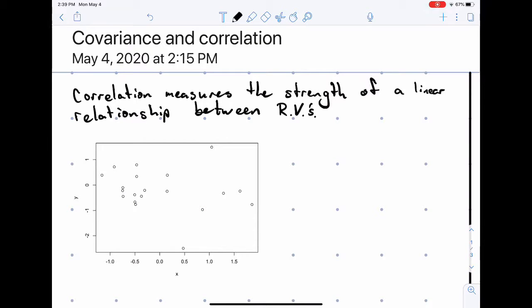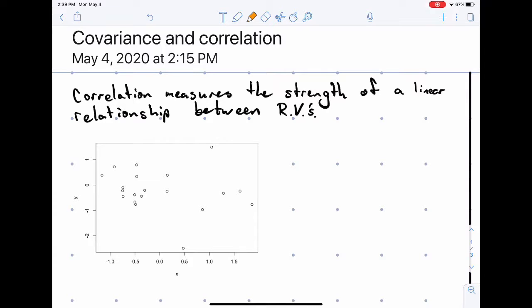So before the mathematical definition, I'll tell you just the general heuristic or the general idea. Here we have variables x and y as labeled by these axes, and there appears to not be that much of a relationship between them. And in fact, they're not.